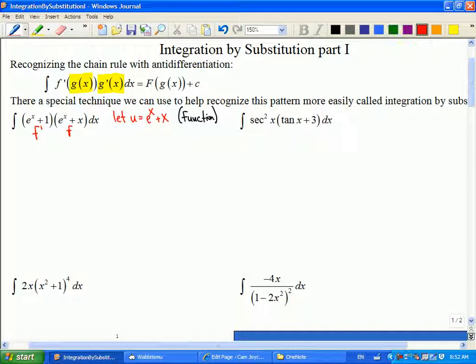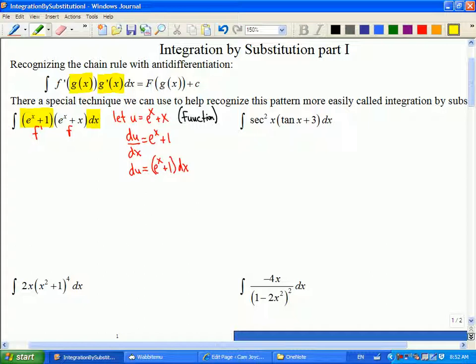And what I'm going to do here is du dx is e to the x plus 1. So I know then that du is going to be e to the x plus 1 times dx. And look at what's already in the antiderivative here. It's that piece and a dx.